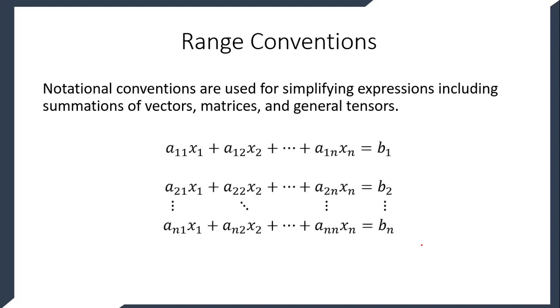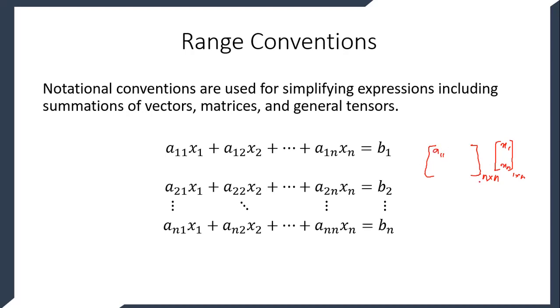Consider this set of equations. This set of equations denotes a tensor. It says something about a group of components, which is an n by n tensor multiplied by a vector which goes from x1 to xn.